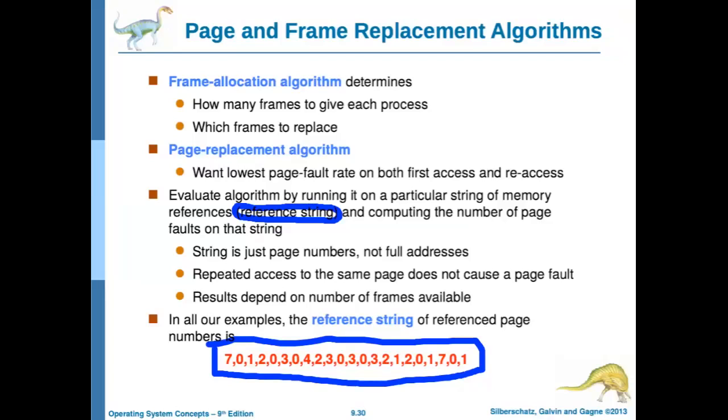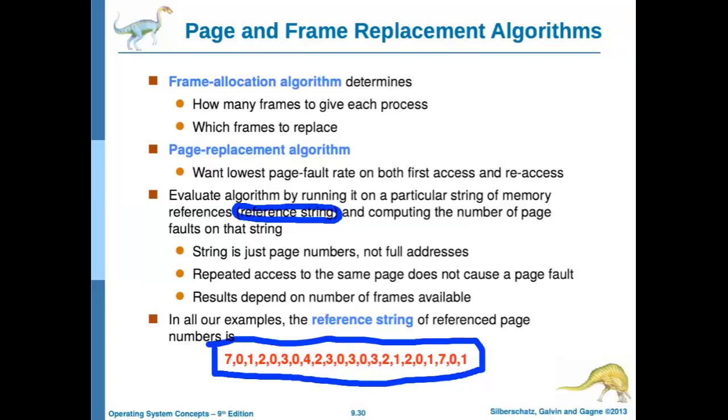And then what is required is page number 0. So repeated access to the same page does not cause a page fault, so the repetition of this frame is simply removed. It is just removed from that, right? So that is what the reference string is.